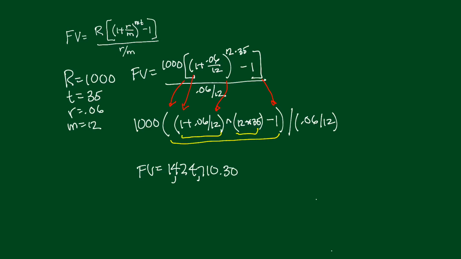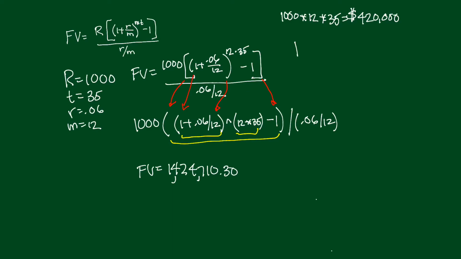Now, just so we know, what if you had taken that $1,000 and just put it in a box at the end of every month, for 12 months? That's how much you'd have for a year. Multiply that by 35. So at the end of 35 years, how much are we going to have with no interest, just putting it into a box? Still comes out to a nice amount, $420,000, but it's not anywhere near that $1.4 million.